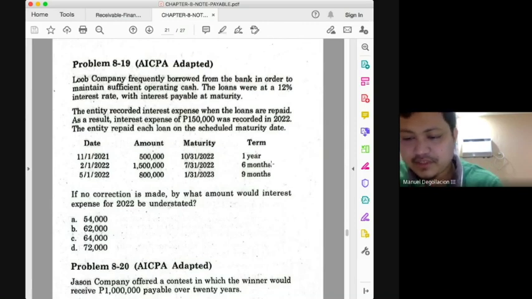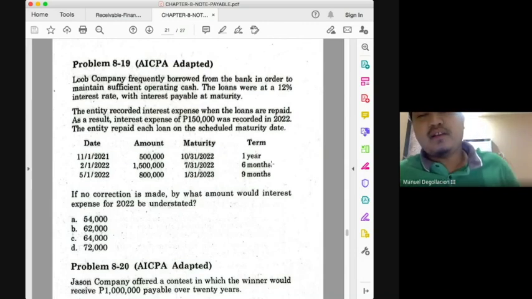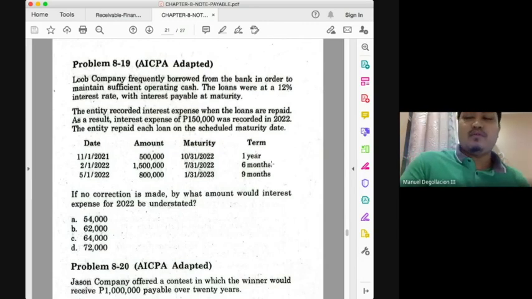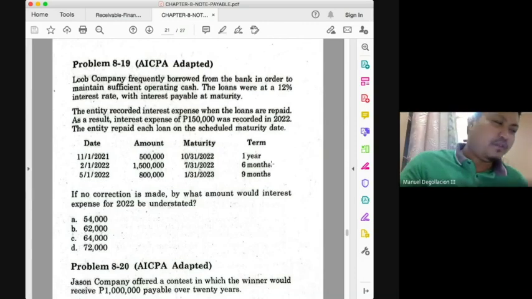800,000 times 12% times 8 over 12. So for the third note, the interest that has accrued is 64,000, but what was recognized was 0. Okay, so if we add all three, 64,000 for the third note, 90 for the second note, and 50 for the first note, the total interest expense should have been 204,000.